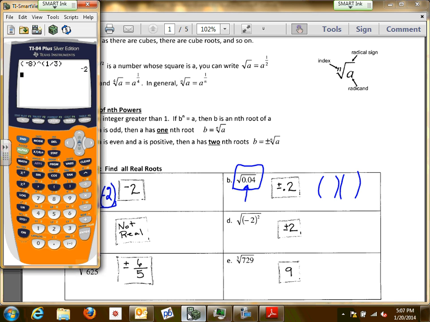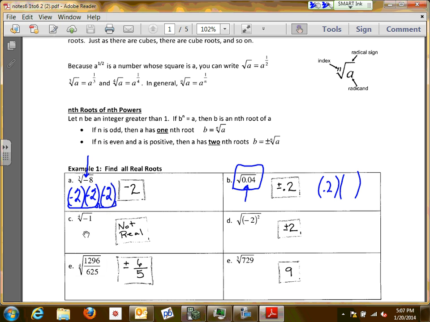So let's look at the square root, which is under second x squared. And then we're going to put in the 0.04. And so what the calculator gives us is the positive root, the 0.2. So yes, we know that 0.2 times 0.2 will equal the 0.04. But here is the thing.